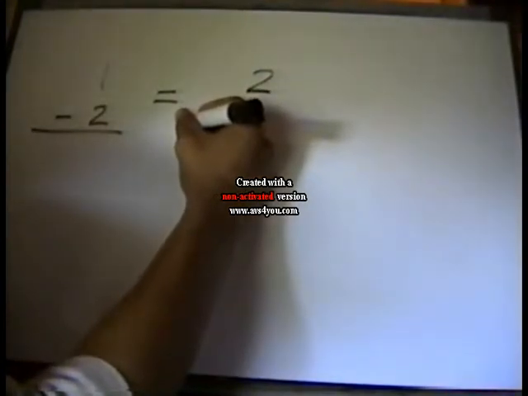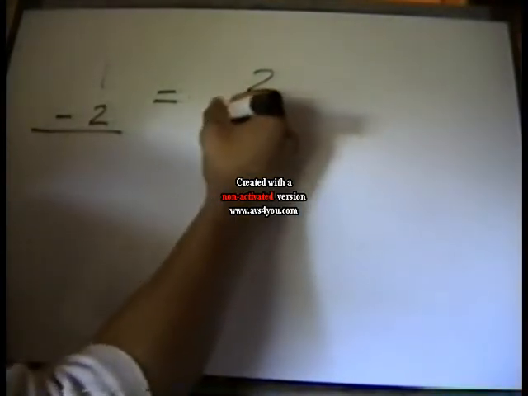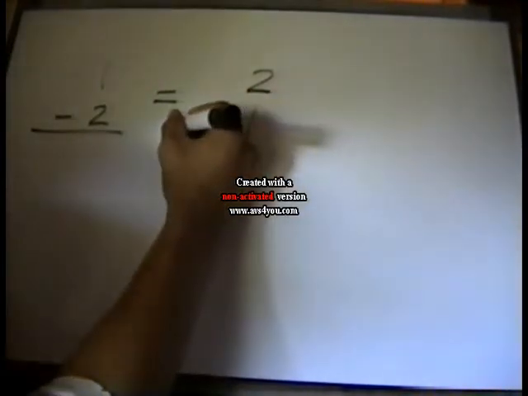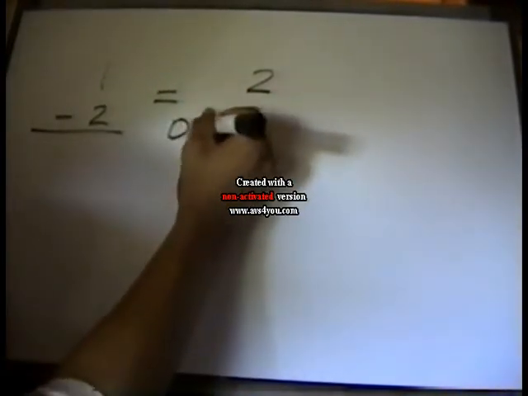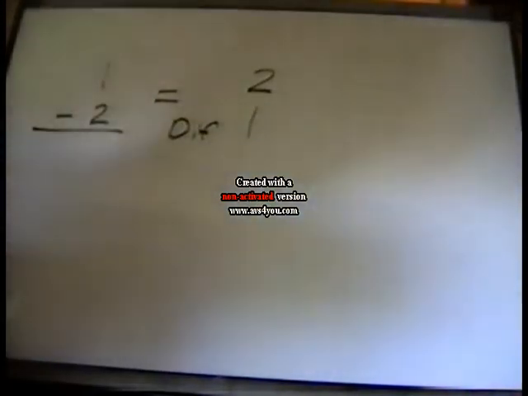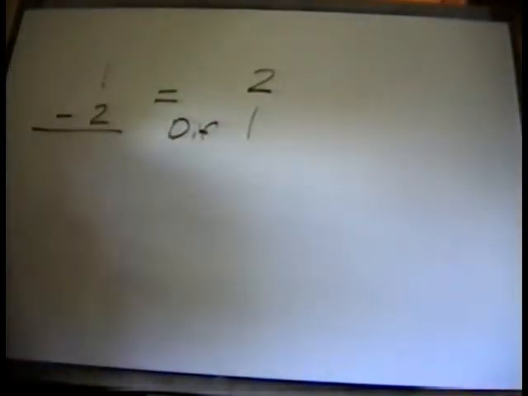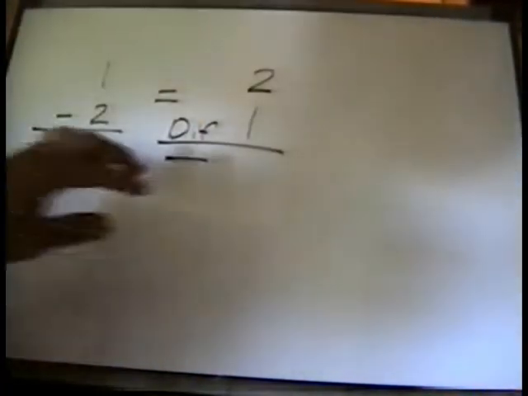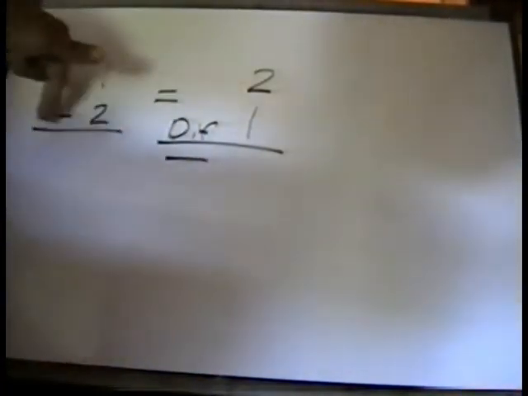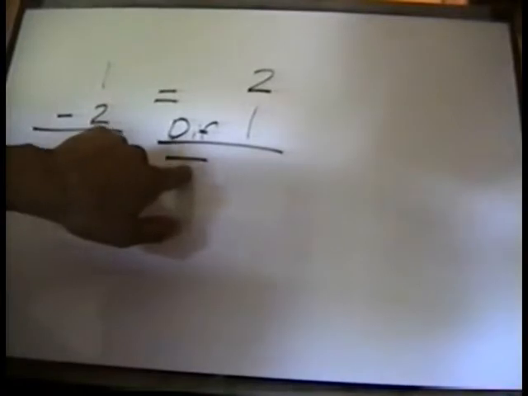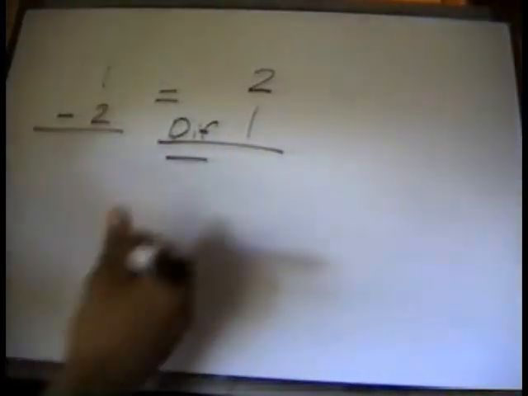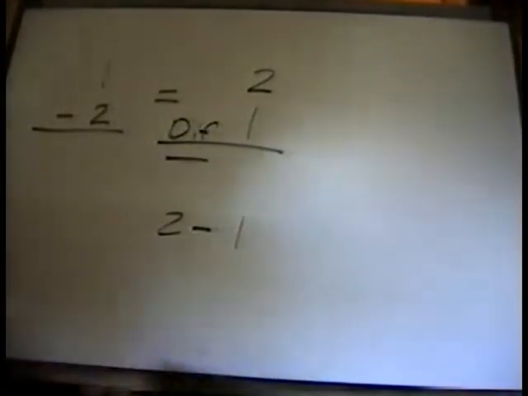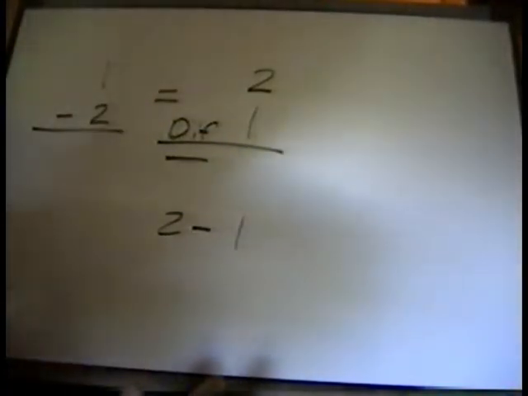Write what I'm writing. 1 minus 2, set that equal to 2. You find the difference. I put this here. I say diff, the difference. Right, and then you put a negative under your result bar.